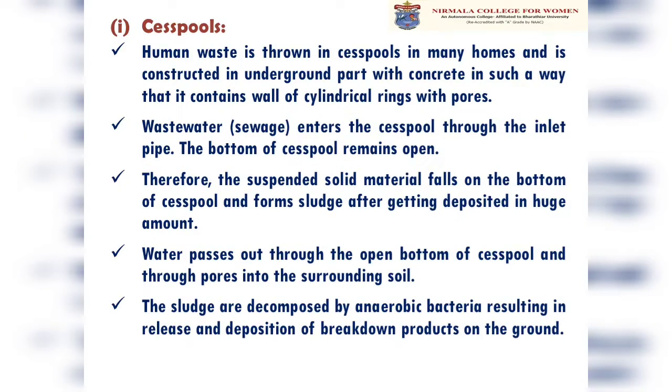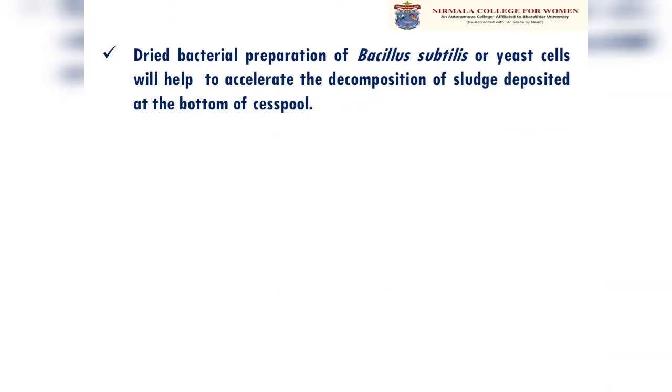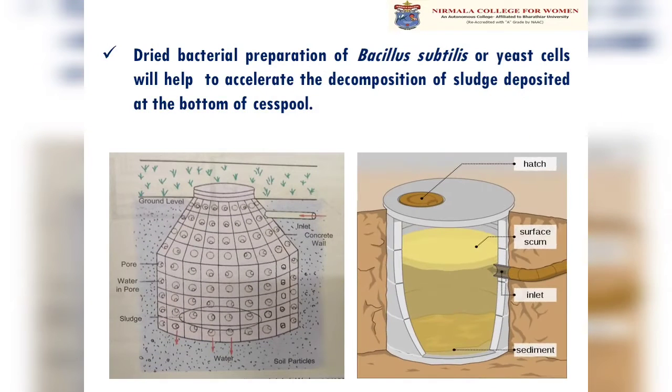The sludge is decomposed by anaerobic bacteria, resulting in release and deposition of breakdown products on the ground. Dried bacterial preparations of Bacillus subtilis or yeast cells will help to accelerate the decomposition of sludge deposited at the bottom of the cesspool. Here you can see the representation of cesspools that are constructed.